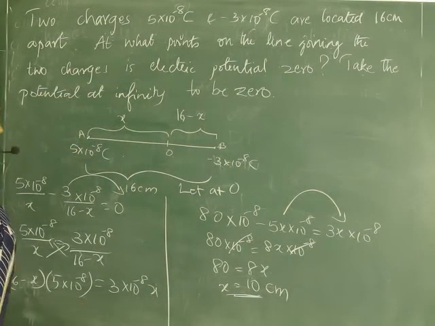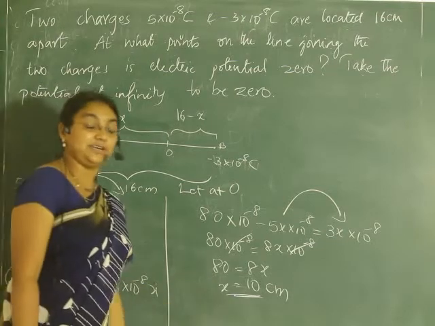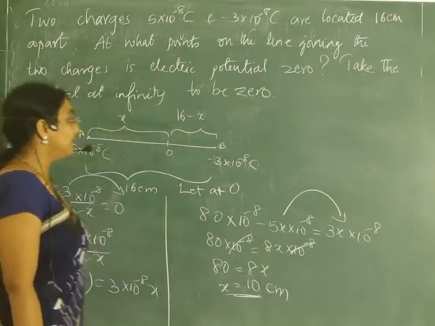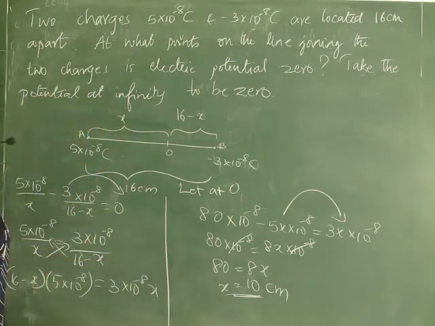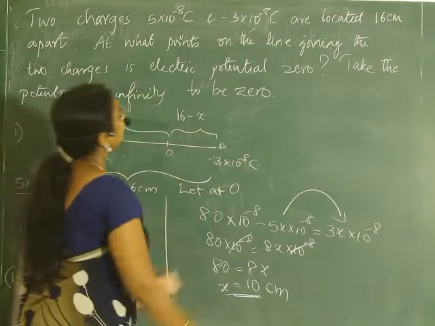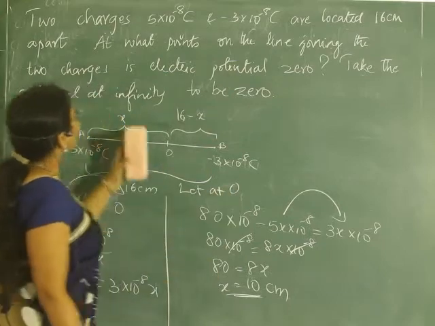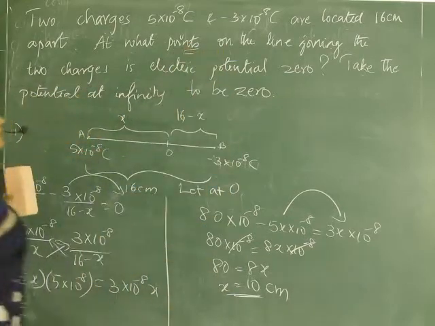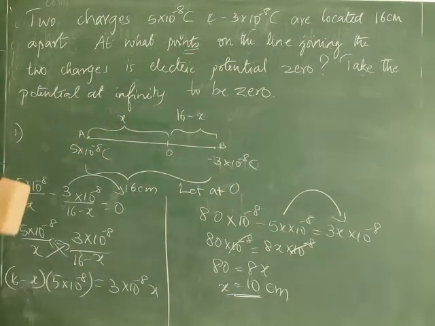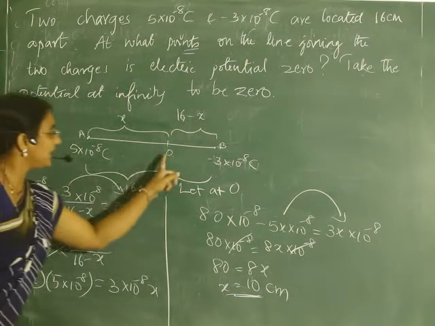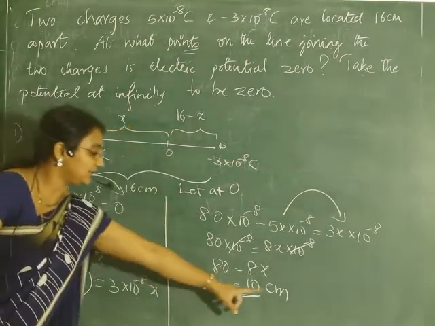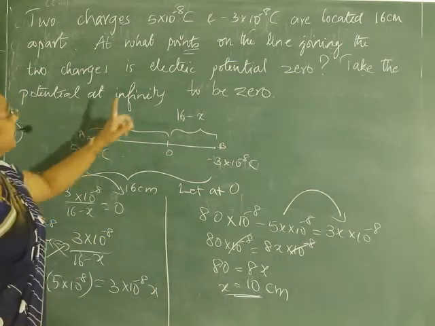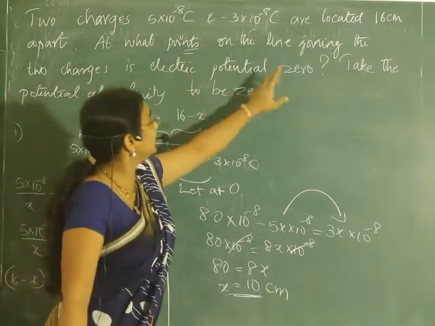Is this the only one point where potential is 0? No. Somewhere else also on the line joining the two charges. So this is the first one. They have given here line. So what are the points they have asked? See, not point, points. So next point, where it might be 0. Here, if x is equal to 10 centimeter, then we get the potential is 0.